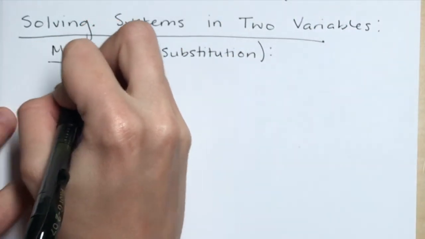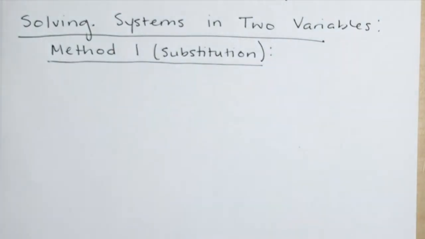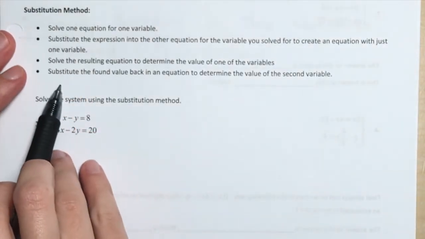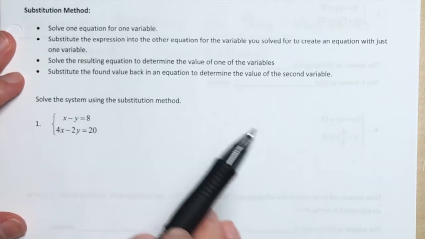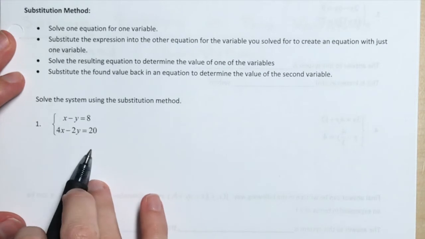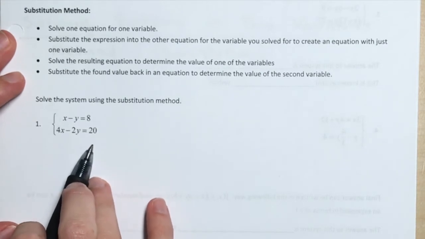And for this, we're going to turn to our lab manual. Okay, so our lab manual gives us steps for the substitution method. So let's go ahead and use them to work on this one as we go through.